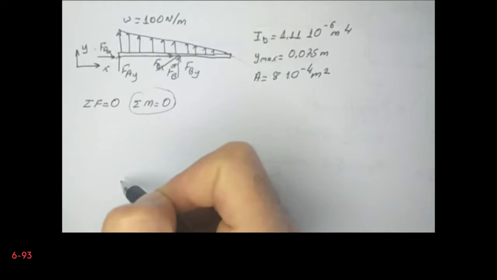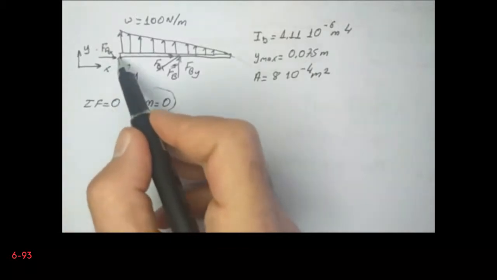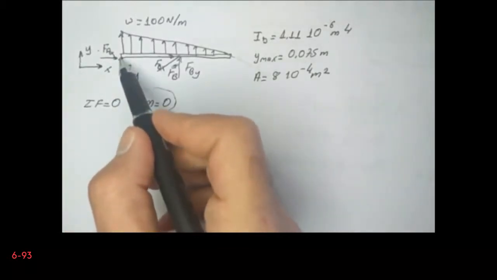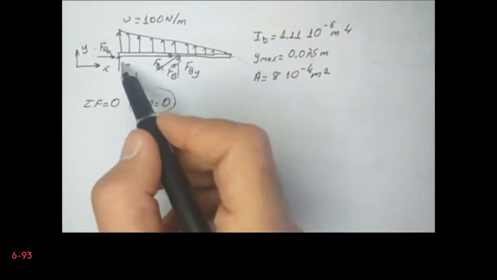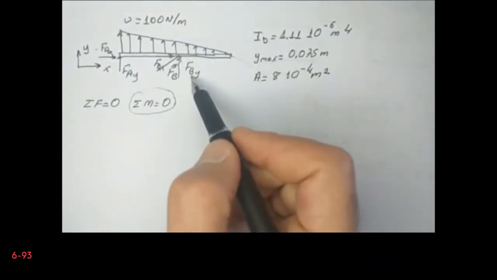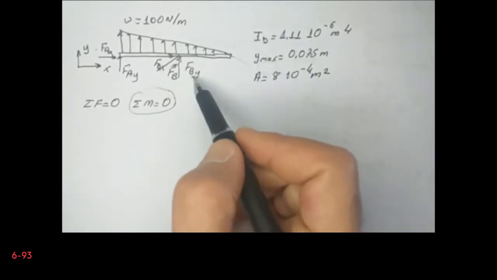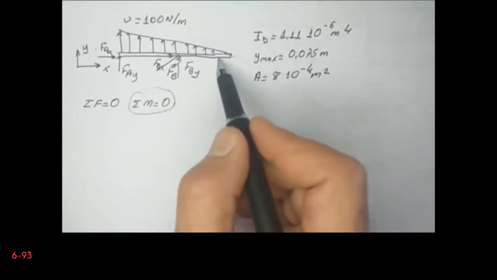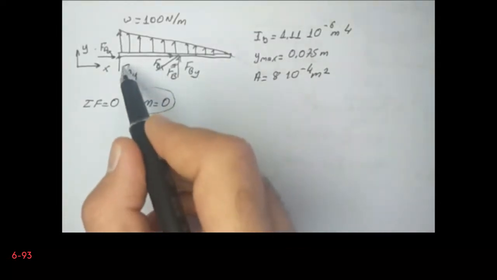So sum of the moments with respect to any point has to be equal to 0, and I can take the moment with respect to A. Therefore I can eliminate the variables at point A, and since only the vertical component will contribute to the moment, I can easily calculate the FBY, and from there on I can find the bending moment diagram.